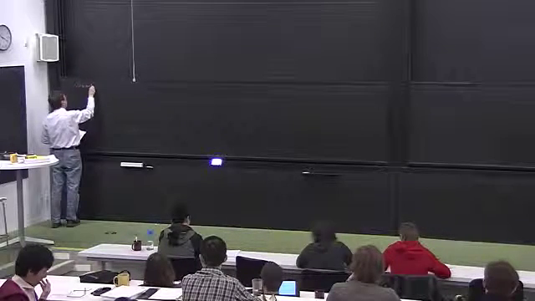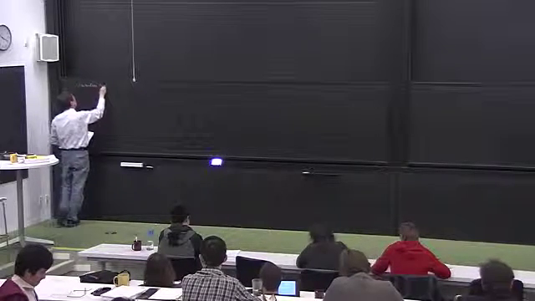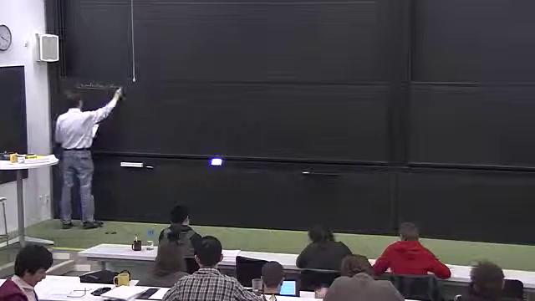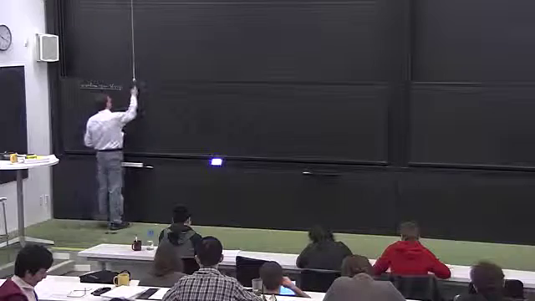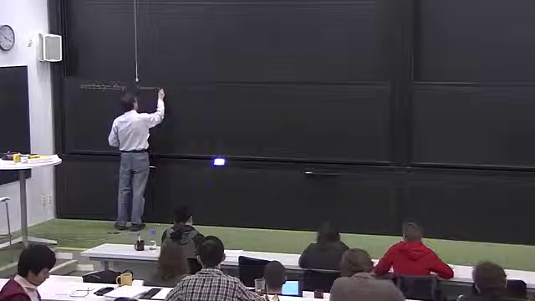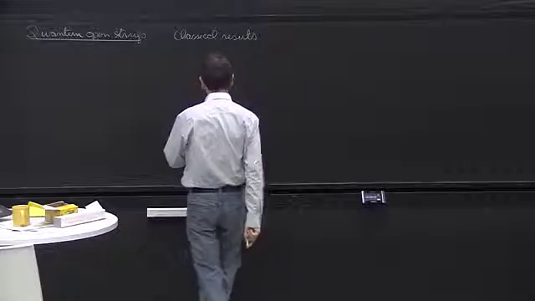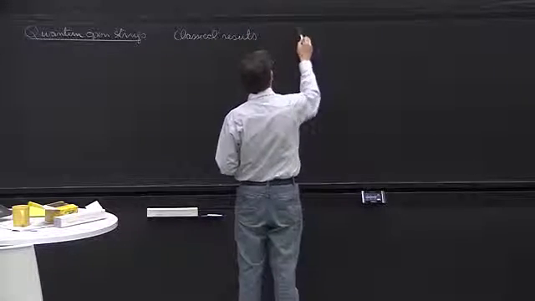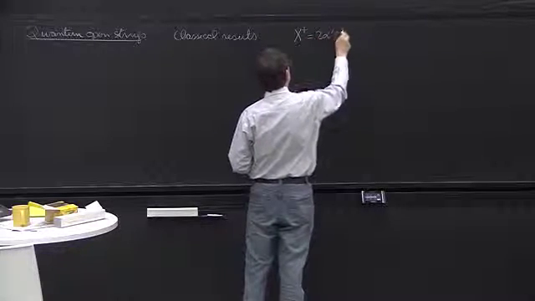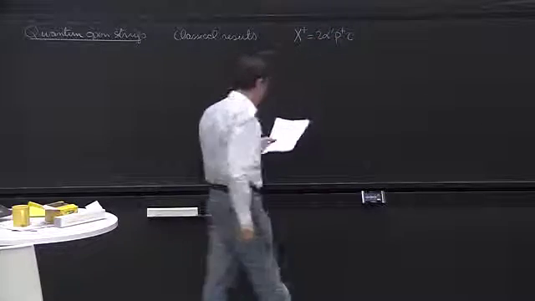So quantum open strings. But first, we begin with what were our classical results. Well, we took a light-cone gauge in which x plus was equal to 2 alpha prime p plus tau for open strings.